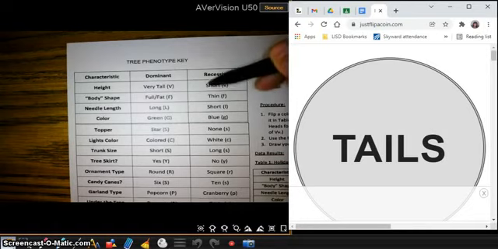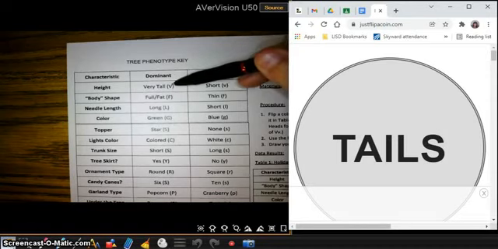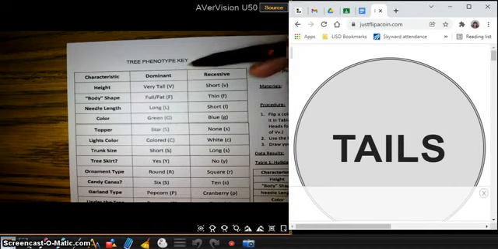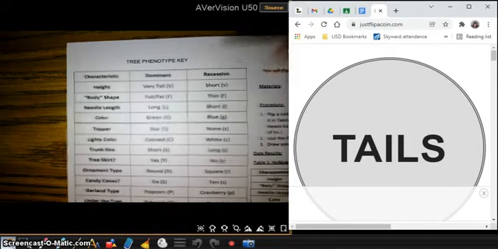Notice it's not a lowercase s, because you never have two different letters. You can have a capital of one letter and a lowercase of that same letter, but you're not going to have a capital V and a little s. Okay, so you're going to make sure if they give you the genotype letters, you use their letters, dominant being a capital, recessive being a lowercase.